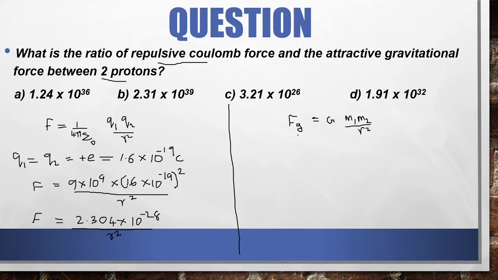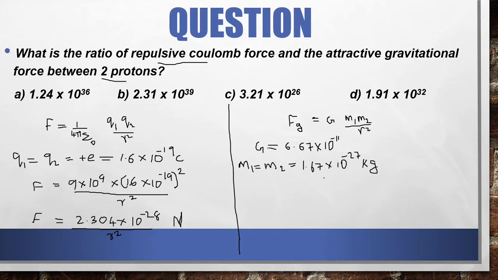Now let's look into the gravitational force. What is the value for G? G is the gravitational constant and G is equal to 6.67 into 10 raised to minus 11. Now let's look into the mass of the proton. What is the value for the mass of the proton? m1 is equal to m2 is equal to 1.67 into 10 raised to minus 27.